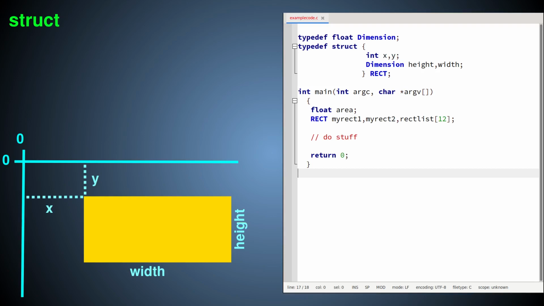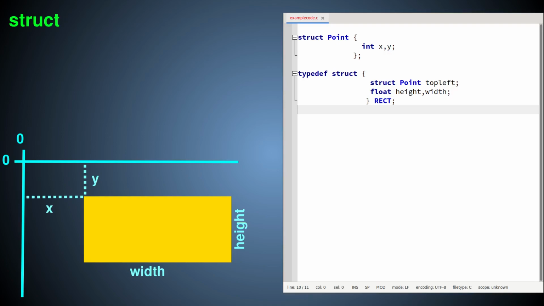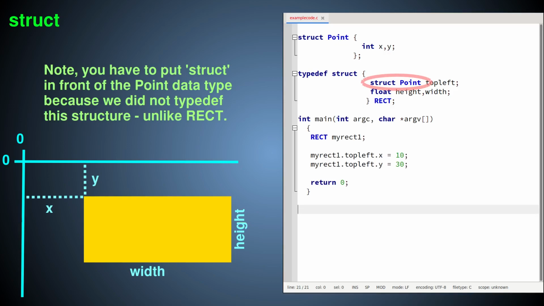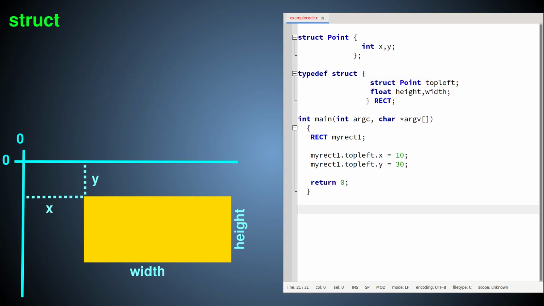Structures can also contain other structures within them as members, like this. And in your code you would access the members of the top left structure within the rectangle structure like this. Just as we have pointers to the standard data types, so we can also declare pointers to structs like this.